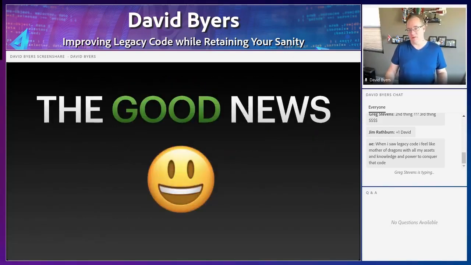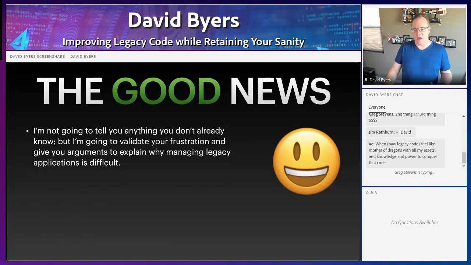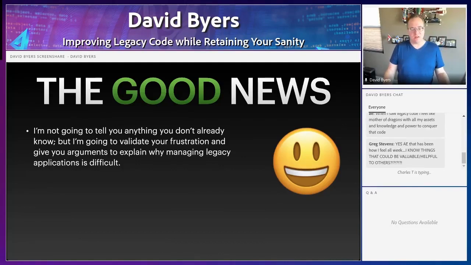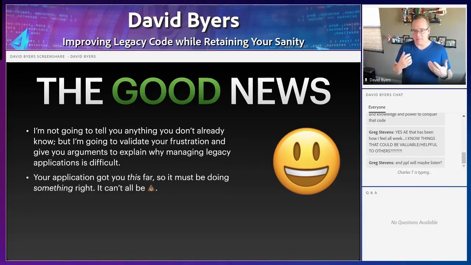However, there is good news. The good news is I'm not going to tell you anything that you don't already know, but I am going to validate all your frustrations and give you arguments to explain why maintaining that legacy application takes so much time and can be so difficult. The other good news is that your application got you this far. It has to be doing something right. It can't all be crap.